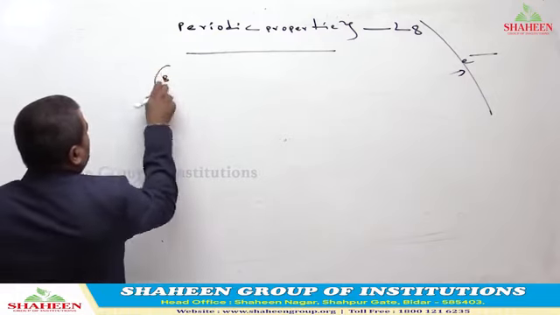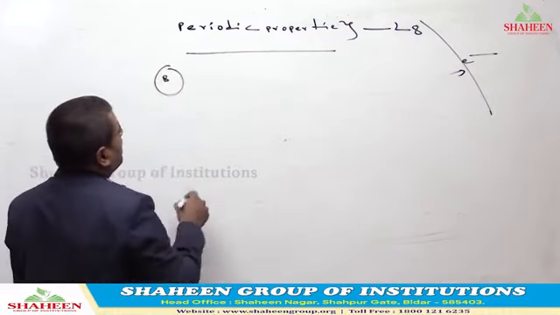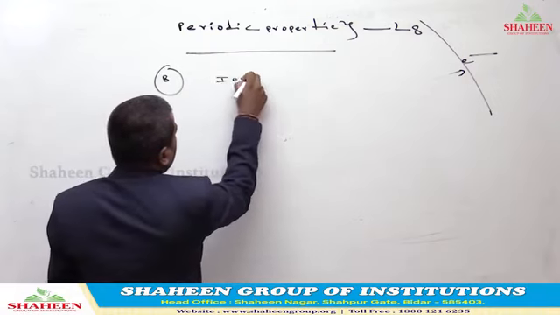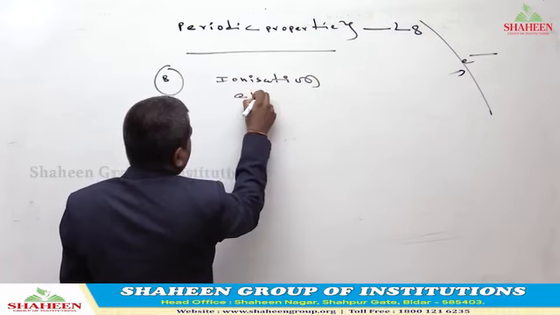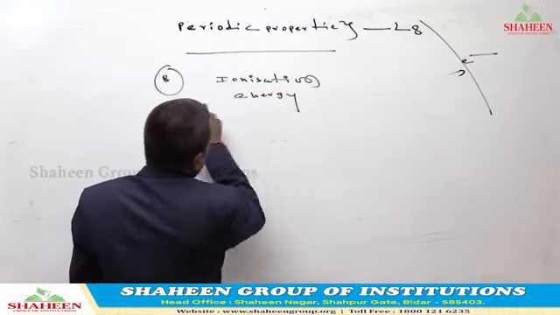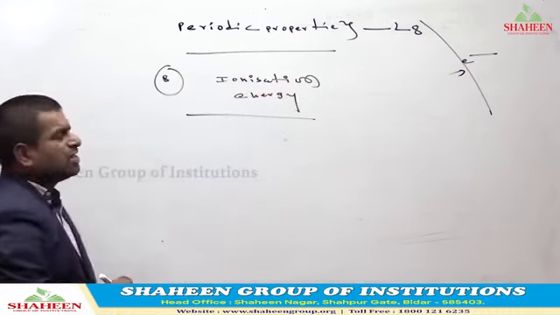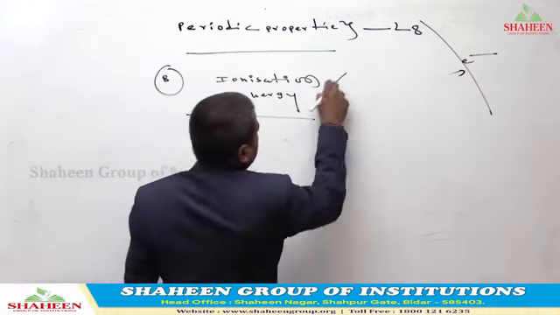The second periodic property we are discussing is called ionization energy. What is ionization energy?